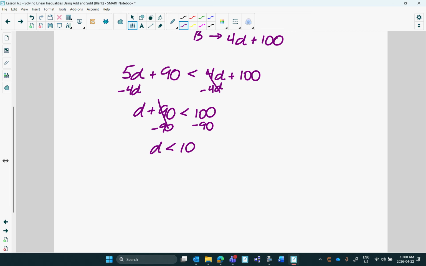Now, you don't have to graph this one, but we do need a sentence. And with these, you've got to be a little careful. What would be a correct answer?